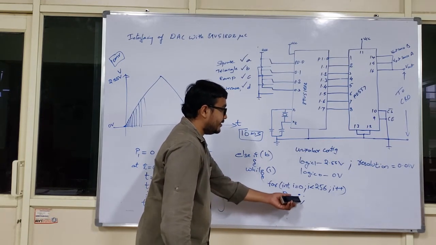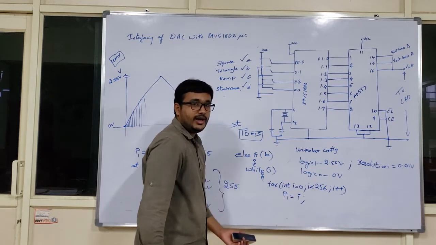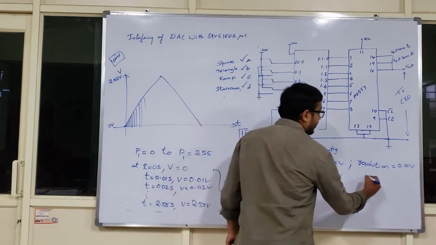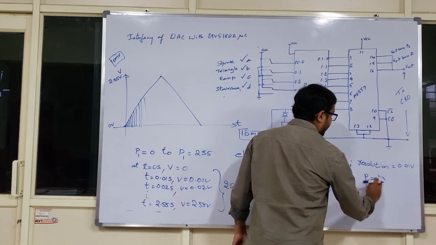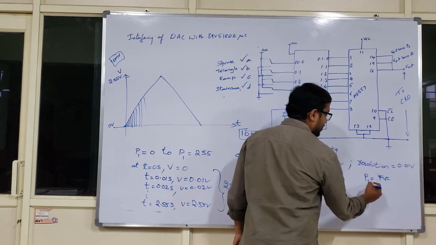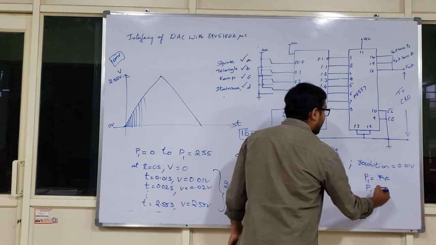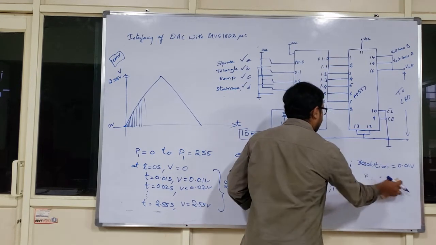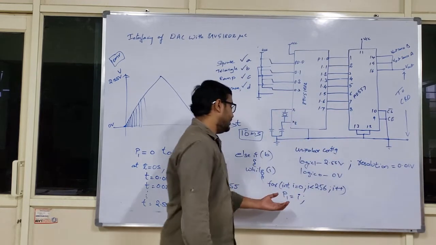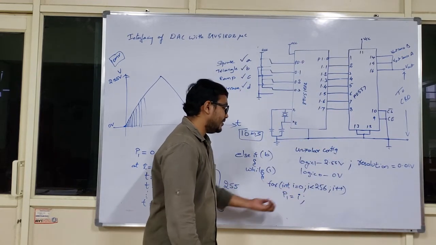That means P1 here is taking directly a decimal value, because P1 can take a hexadecimal value like FF. That means it can accept a hexadecimal value of FF. It can even accept the decimal value of 255 also. There is no problem. So here the i value is extracted into P1.